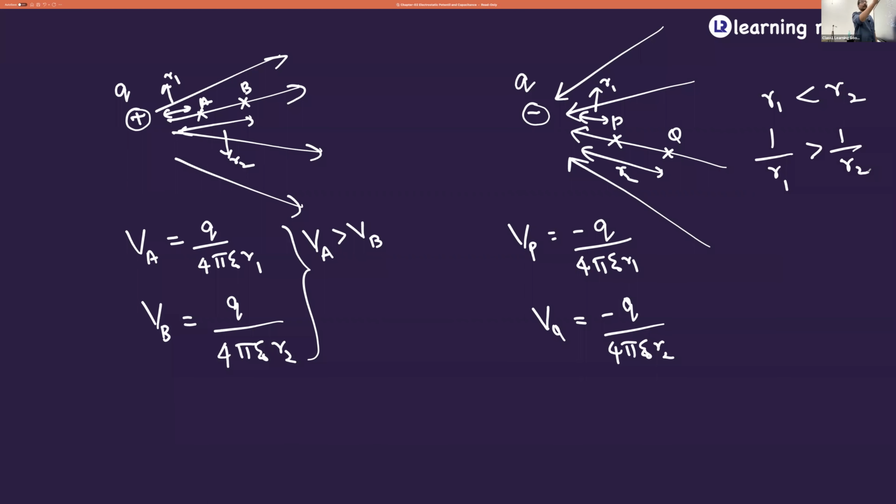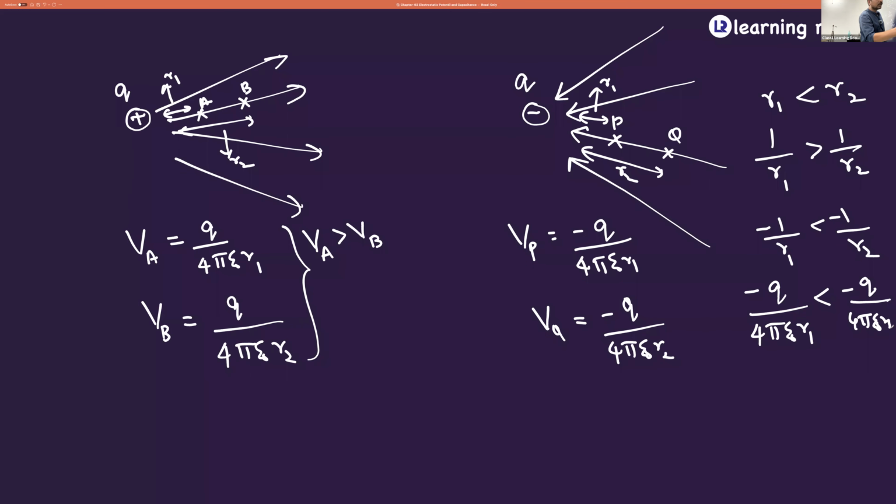When you multiply with minus sign on both the sides, minus 1 by R1 will be less than minus 1 by R2. So I'll multiply with Q by 4 pi epsilon naught on both the sides. So minus Q divided by 4 pi epsilon naught R1 is less than minus Q divided by 4 pi epsilon naught R2, meaning VP is less than VQ.